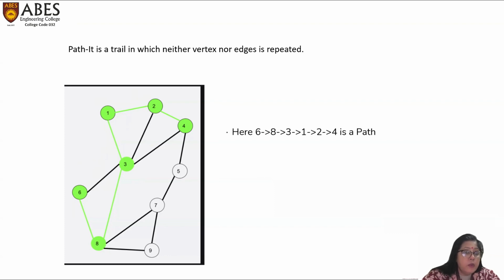An example has been shown here in the figure: we start our traversal from vertex 6, then move to vertex 8, then traverse to vertex 3, then to 1, then to 2, then to 4. So it is called a path. As we have seen, neither any edge nor any vertex is being repeated. So it is a path.